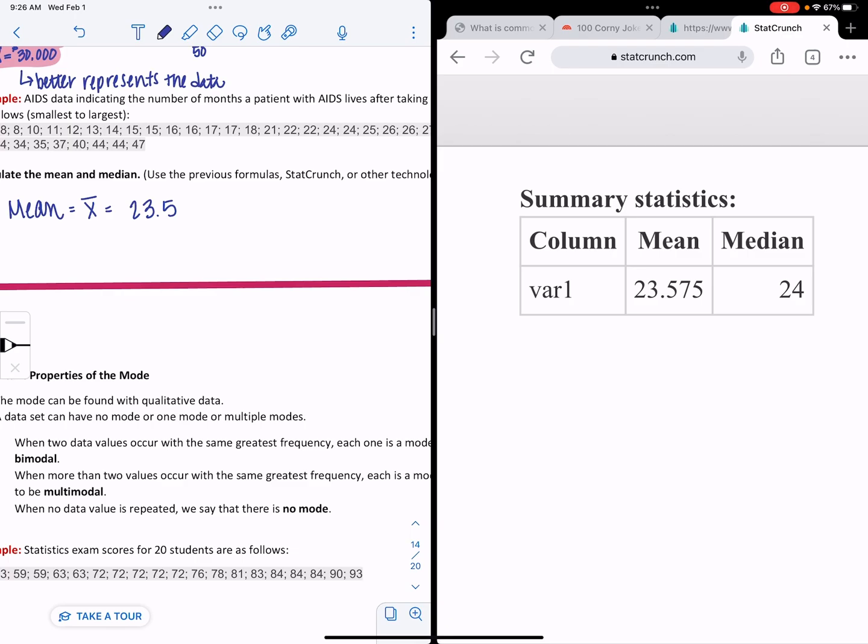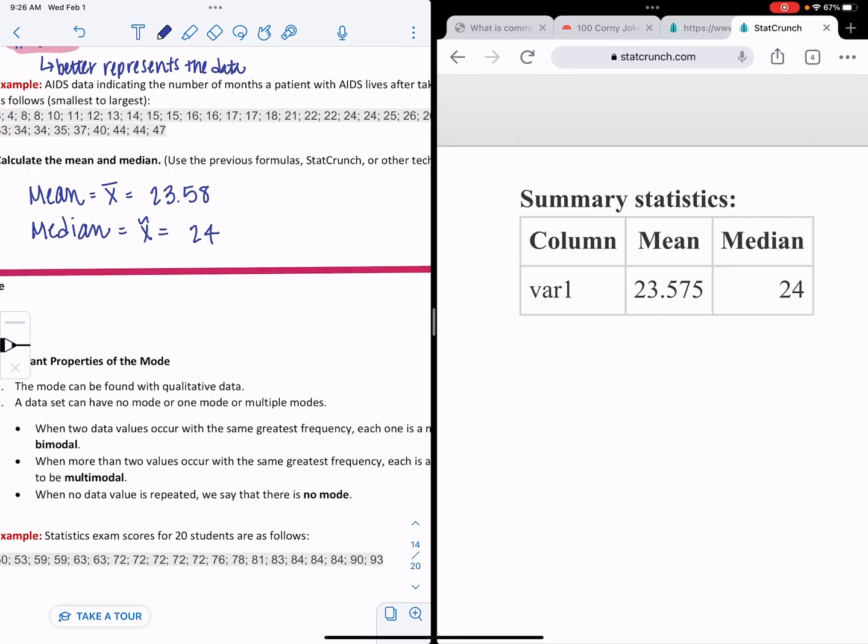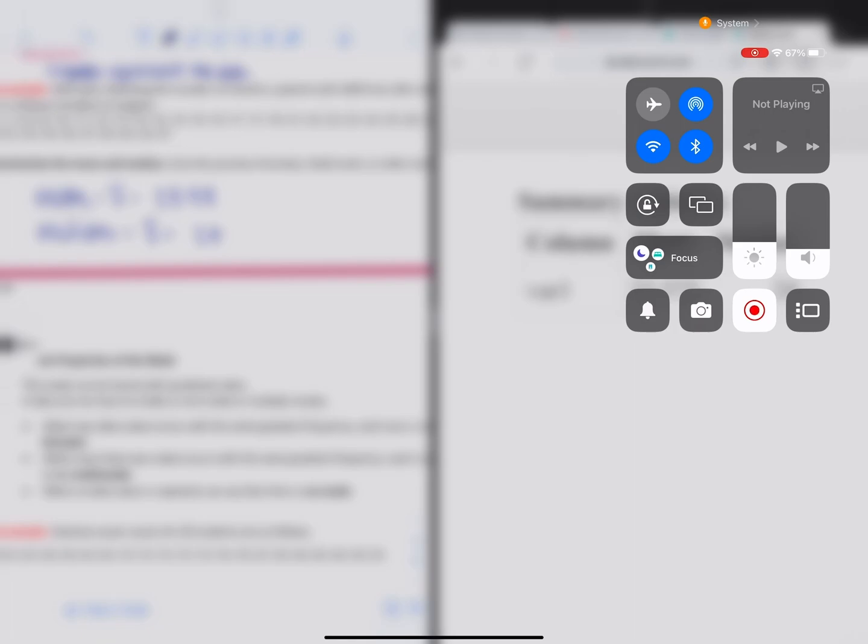My median is 24, which saves us a ridiculous amount of time. We will talk about mode and mid-range next.